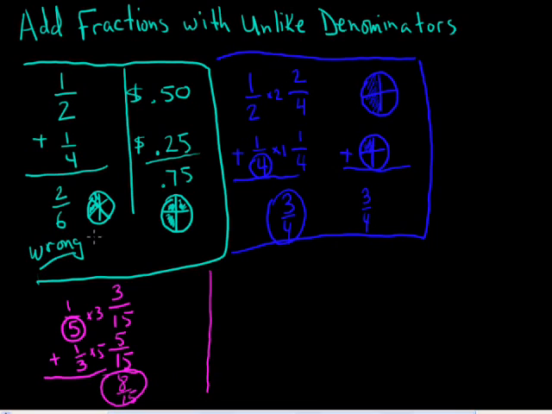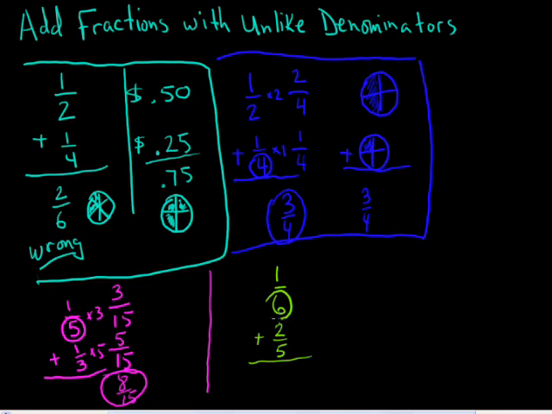Let's try one more example. We'll try this with a nice green. Let's try one that we might have to simplify. Let's try this: 1/6 plus 2/5. We have unlike denominators, so we're not ready to add.